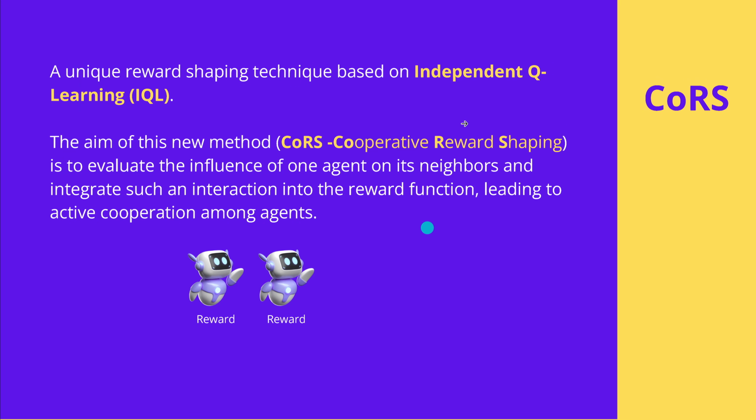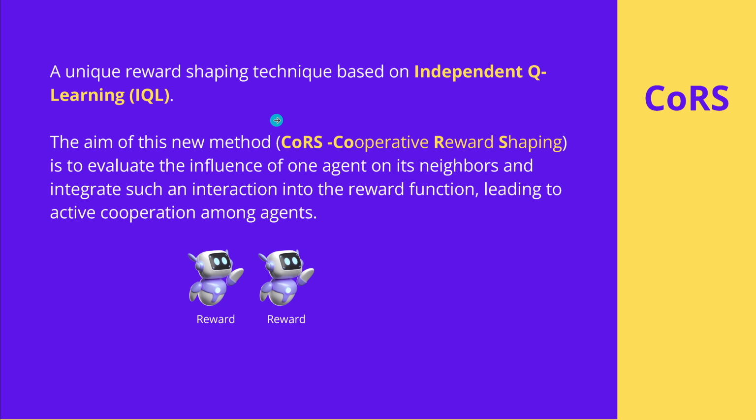Great. So let's come now to a new idea that I want to present to you. And this was just published 3 days ago. So it's a real research paper. And there's a unique reward shaping technique based on independent Q learning, IQL.